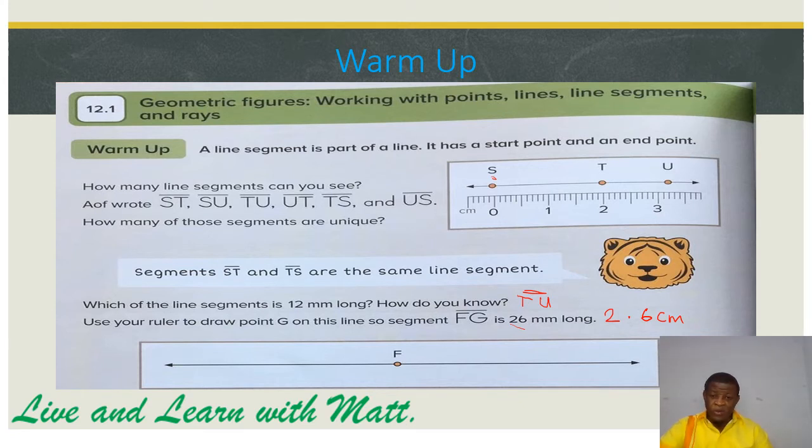Anywhere that is 2.6 centimeters, we put a dot there and call it G.